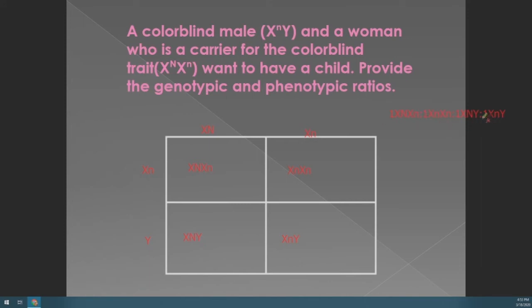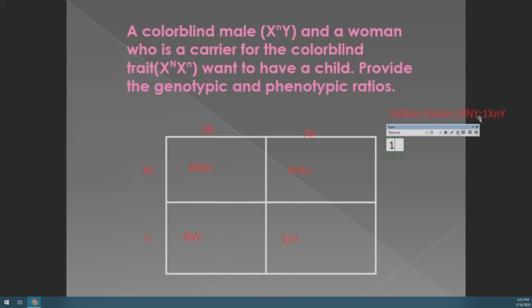So this looks like a bunch of confusing letters, right? Even with the superscripts, it would still be somewhat confusing. So we're actually going to take this genotype ratio up here, and we're going to put it into a phenotype ratio. So what would we physically be seeing out of this matching? So with all four being different, they all four actually code for different things.